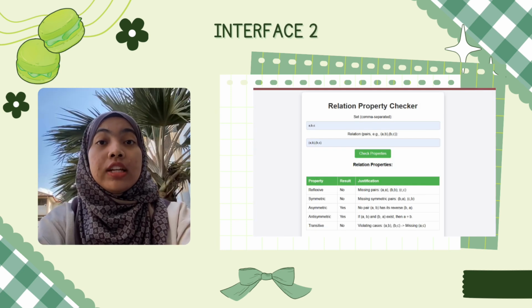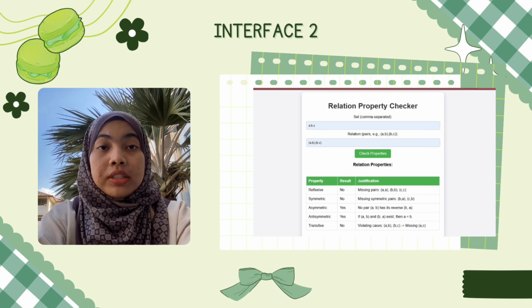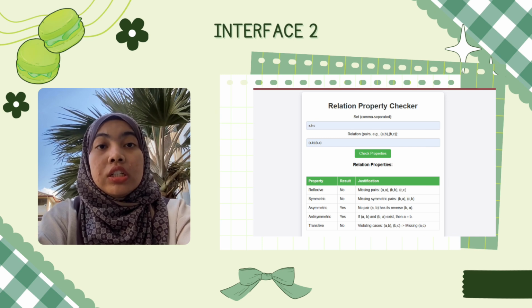And now let's move to the last part of the interface. The top section contains the inputs, the set {A,B,C}, and the relation defined as pairs (A,B) and (B,C). After clicking the Check Properties button, the results are displayed below under the Relation Properties heading in a table format. The table has 3 columns, which are property, result, and justification. Each row represents a specific property of the relation.